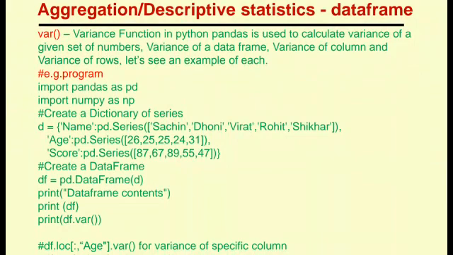Import pandas as pd, import numpy as np. Create a dictionary of series. d is equals to curly bracket, column name is name, colon, pd dot Series, small bracket, square bracket, enter the names, close both the brackets, comma, next column is age, colon, pd dot Series, small bracket, square bracket, enter ages and close both the brackets, comma, score, colon, pd dot Series, small bracket, square bracket, enter scores and close both the brackets, and at the end close curly bracket.